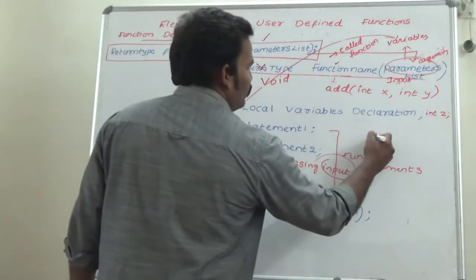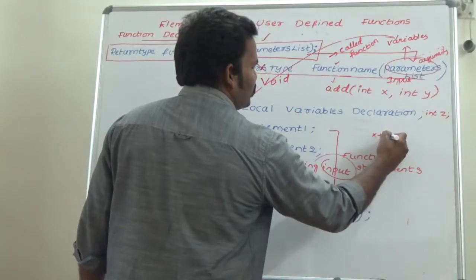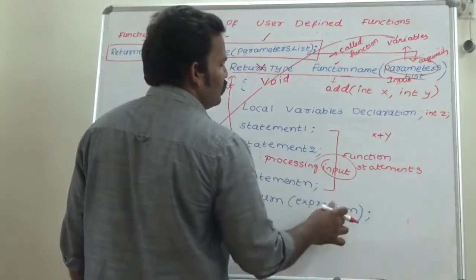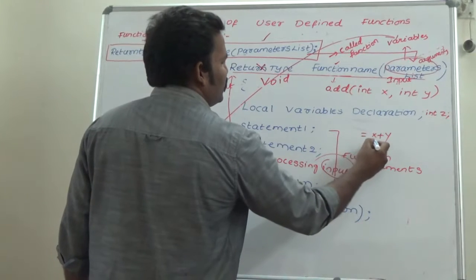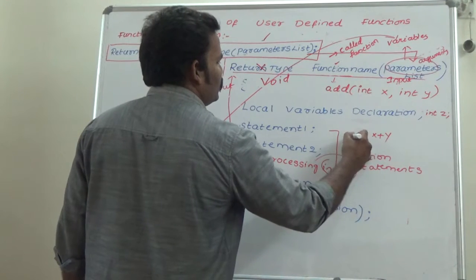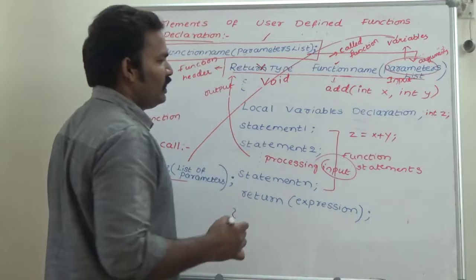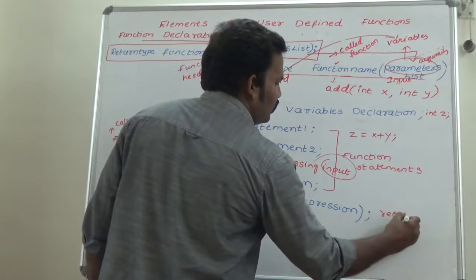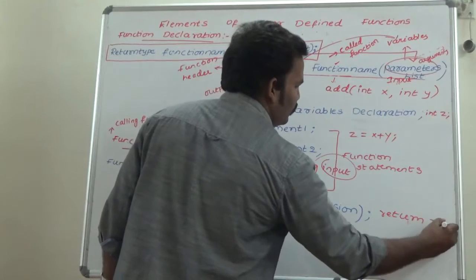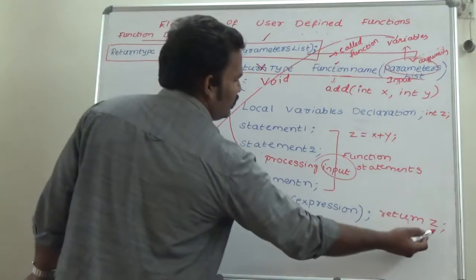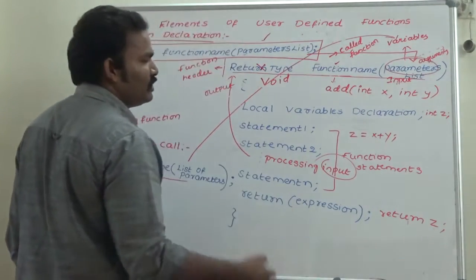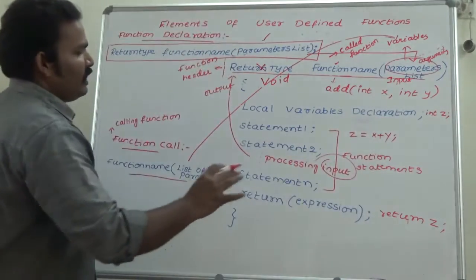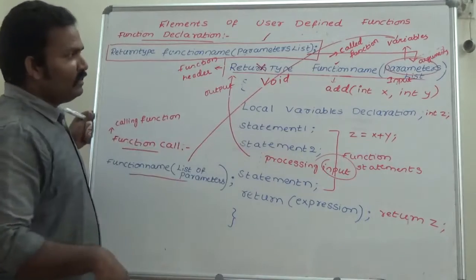I am writing the logic x plus y, adding those two numbers, and the result is assigned to z variable. Next I want to return z value. Okay, function definition completed.